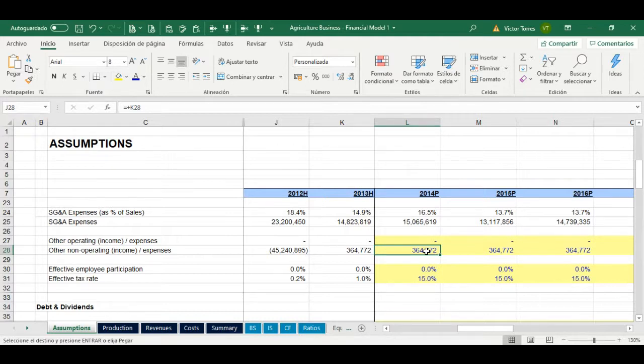So basically, if the numbers are very small, you assume zero. If it's not small, you try to assume historical data to come up with that.